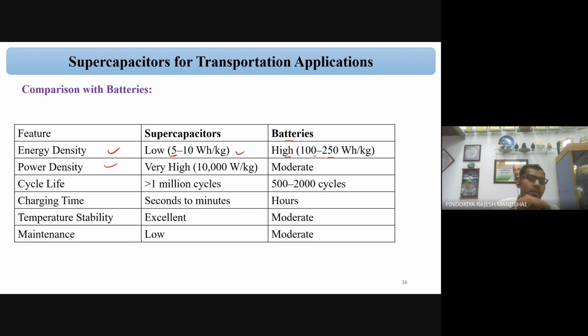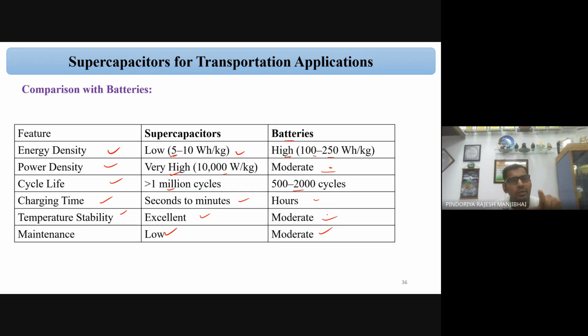But power density is very high, 10,000 watt per kilogram, while in the battery it is moderate. Life cycle is more than 1 million cycles, but in the battery it is 500 to 2000 cycles. Charging time is seconds to minutes, but in the battery it is more hours. Temperature stability in the supercapacitor is excellent, but in the battery it is moderate. Maintenance is low, and in the battery it is moderate.